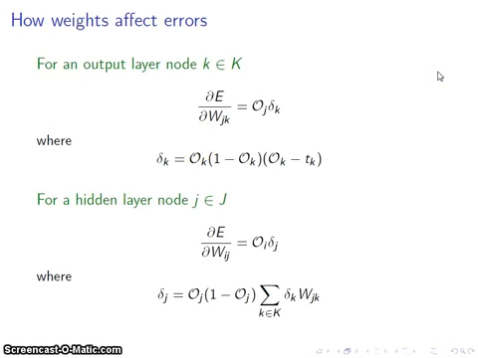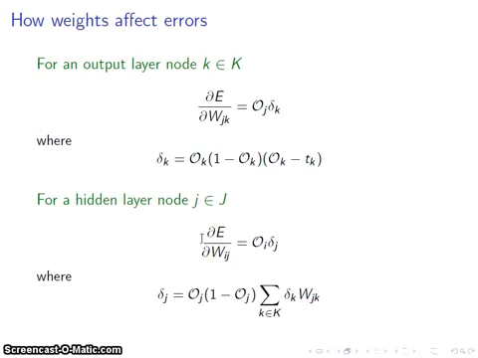So let's go ahead and look at both of them. For an output layer where we have a node little k in capital K, the rate of change of error with respect to a connective weight connected to an output layer is just the output of the jth node times delta sub k, right? Where delta sub k is this expression. This expression really is just the derivative of the transfer function times the difference between the output and the target value that we actually desire.